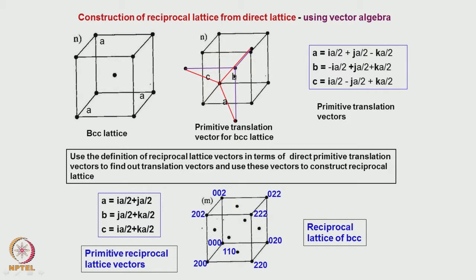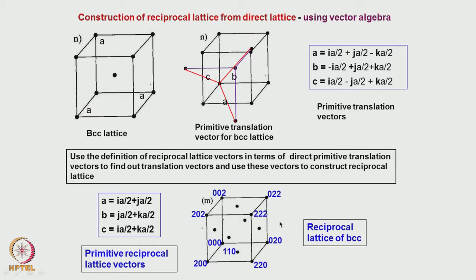These are all the coordinates of these vectors. If we use vector algebra, then you will find that A star, B star and C star will turn out to be of this type.